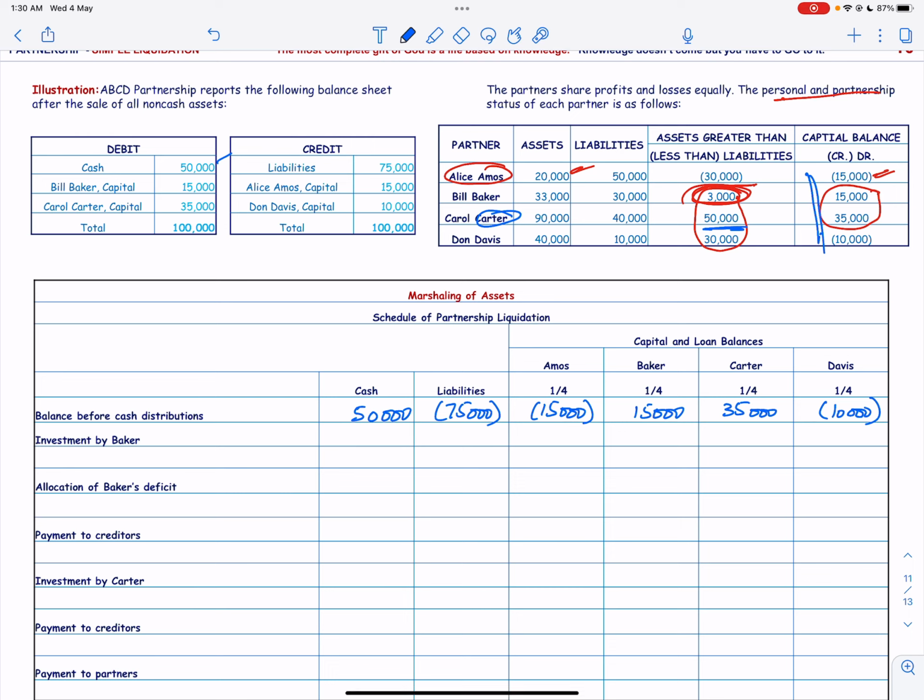Now, first of all, investment will be made by Baker by investing 3,000. So her account will be credited by 3,000 and investment will be increasing our cash by 3,000, and the total is 53,000.